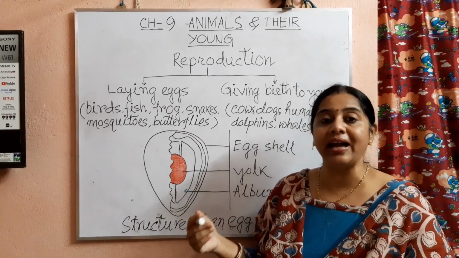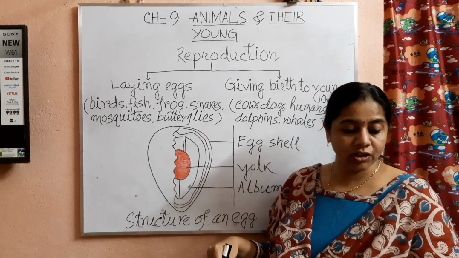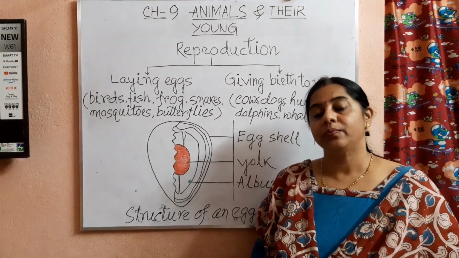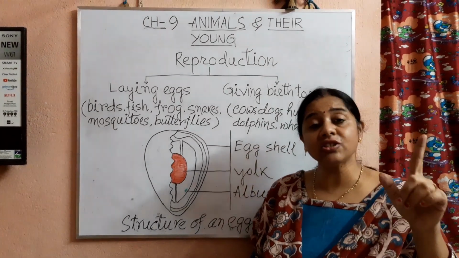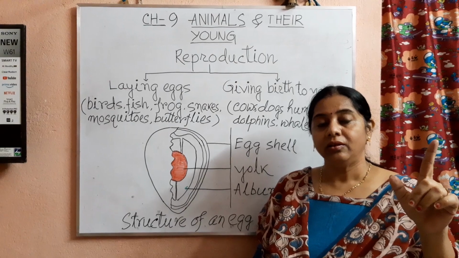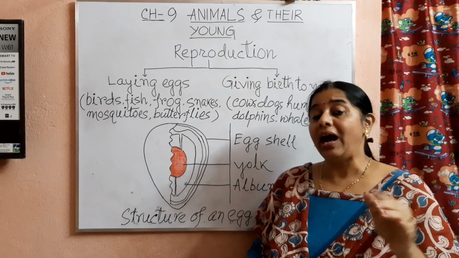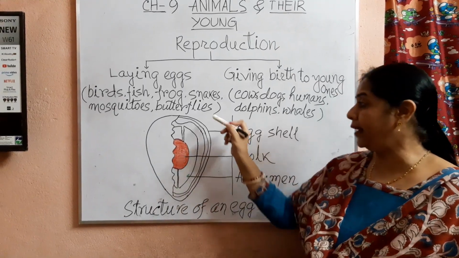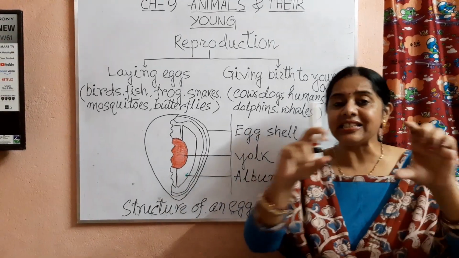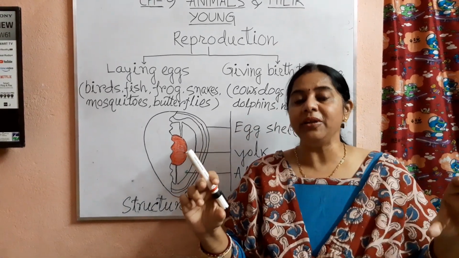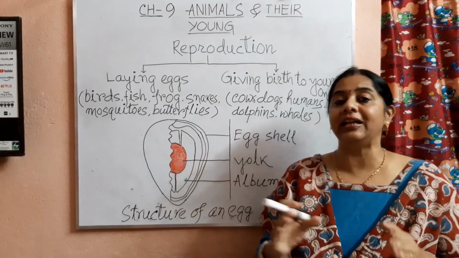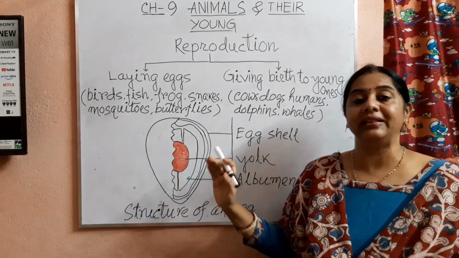This takes some time. Got it? All the stages of development from the first day up to a matured adult which comes out by breaking the eggshell, this time span is known as the life cycle of the animal, that is the bird.